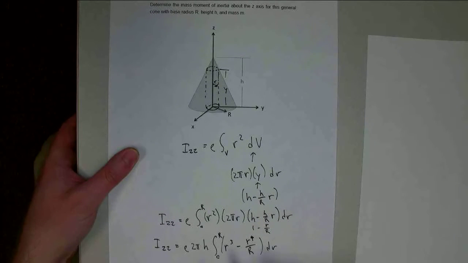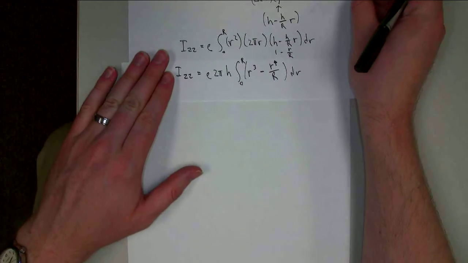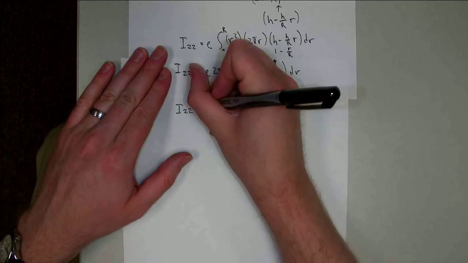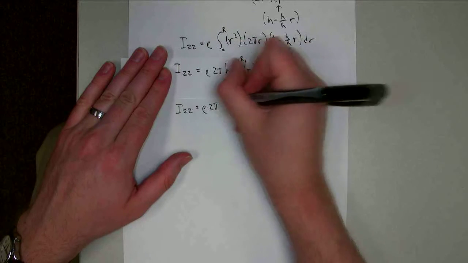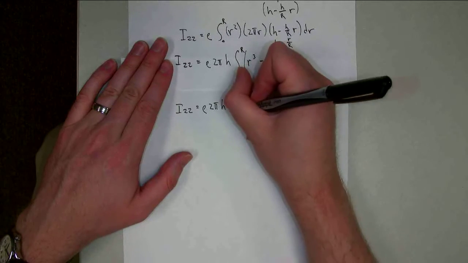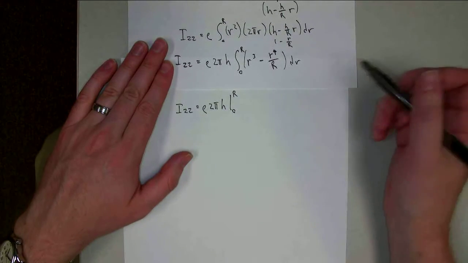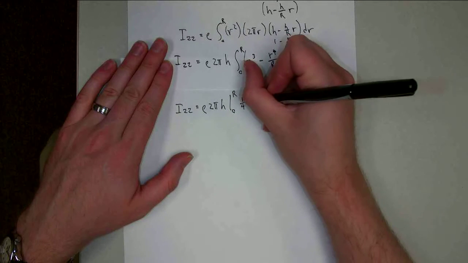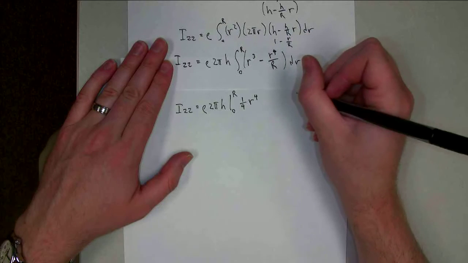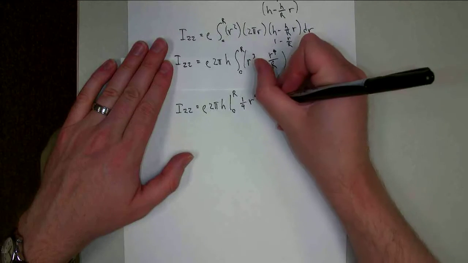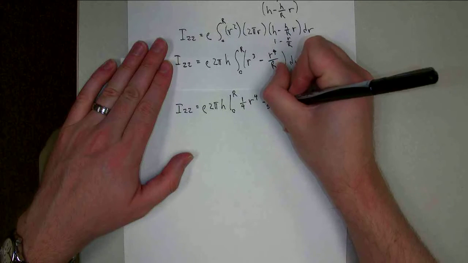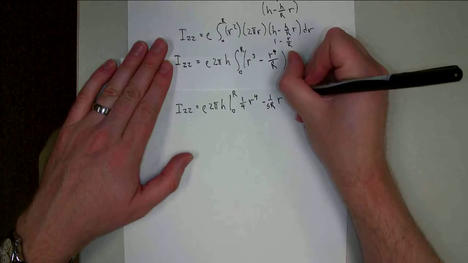Alright, so now we have to take the integral of this term here. Izz equals, and I keep all my constants out front, h. 0 to big R. The integral of r cubed is going to be 1/4 r to the 4th, and I'm going to have minus 1/5 r to the 5th.